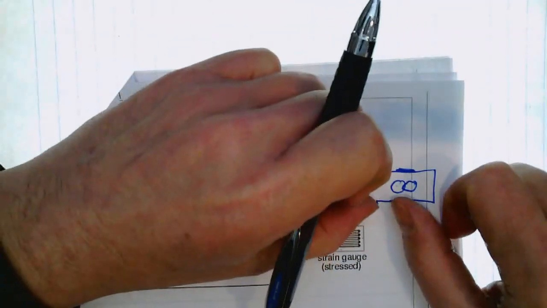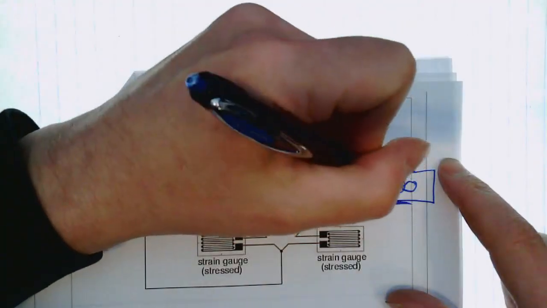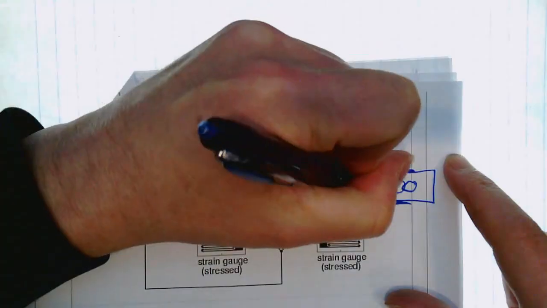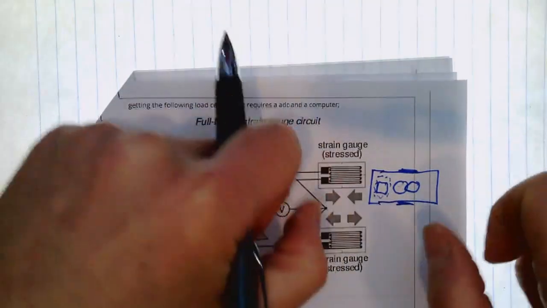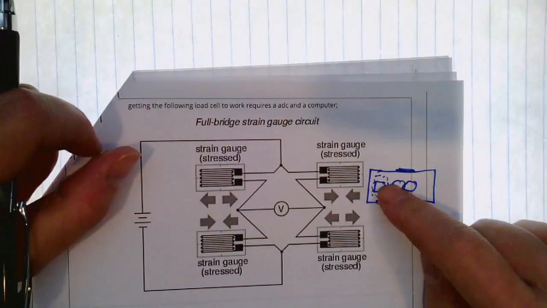When one gets compressed, the other one is stretched, and then they'll put in a little strain gauge over in here, and then they'll have one on the other side. And so if it gets bent the other way, one will be compressed and the other one will be stretched.